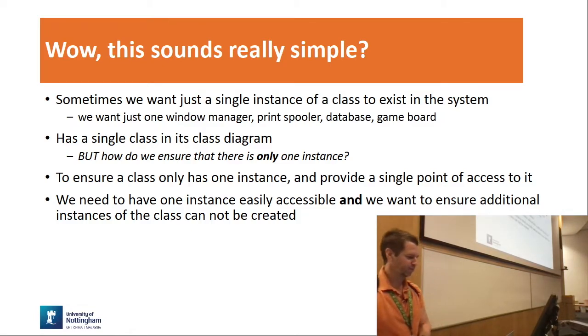It sounds simple, and it is simple on a conceptual level. Sometimes we just want a single instance of a class to exist in the system. We want just one window manager, for example, or one printer, or one database, or one game board.